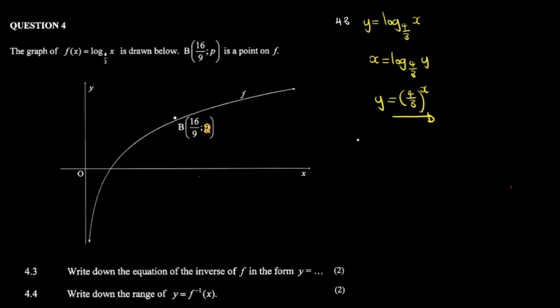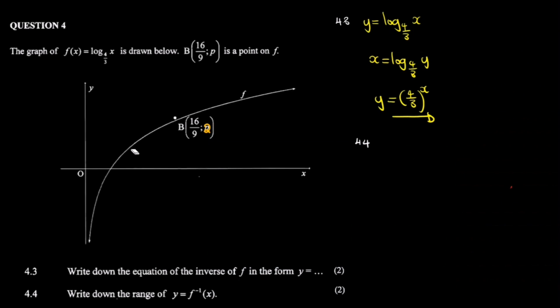Now we are looking at 4.4. Now they are asking us to determine the range of the inverse. Remember, when you're looking at an inverse and the original function, whatever was the domain here is going to be the range on your inverse, and whatever was the range is going to be your domain.